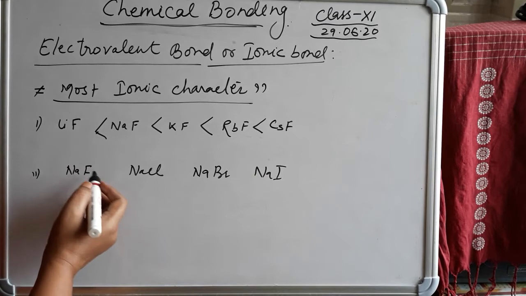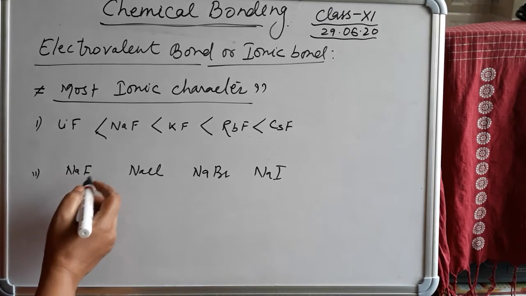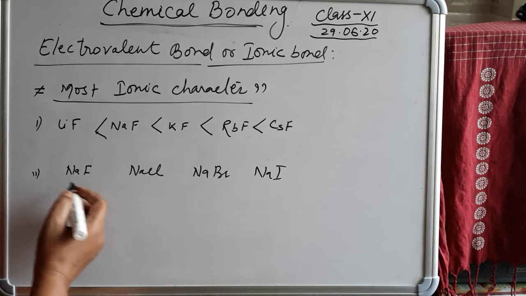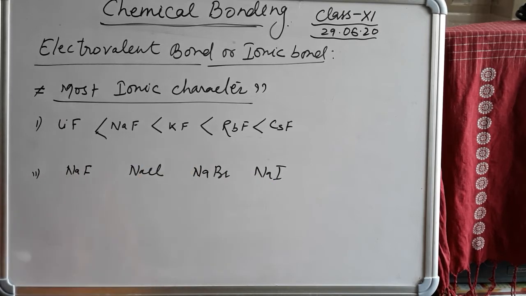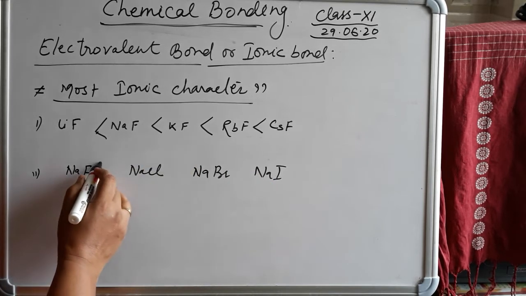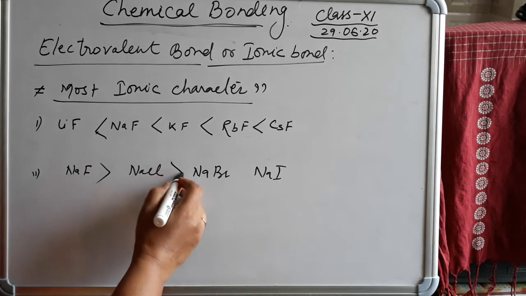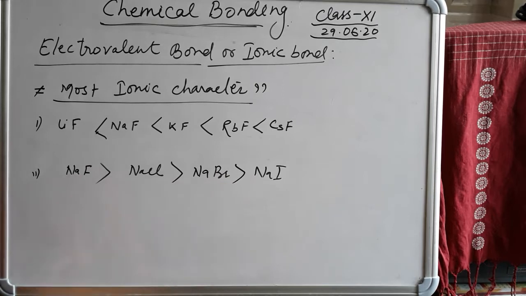We have already studied in the previous chapter that from top to bottom in group 17, electronegative character decreases because size increases. In that condition, which species has maximum ionic character? Obviously, sodium fluoride has maximum ionic character, then sodium chloride, then sodium bromide, and sodium iodide has the least ionic character.